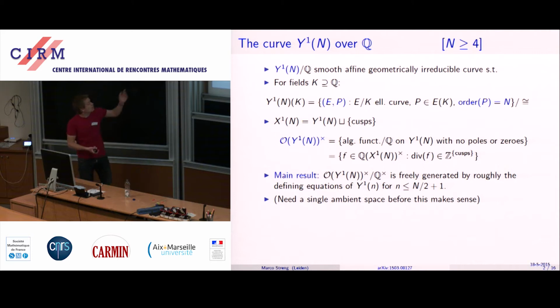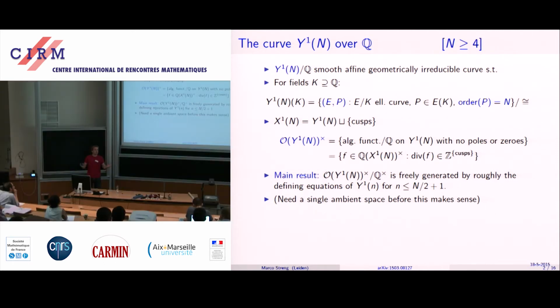Of course, this doesn't make sense before I tell you that all of these curves are in some kind of affine space, one surface in which all these curves lie, and then the defining equations of all these curves will miraculously generate the group of units on this other curve.